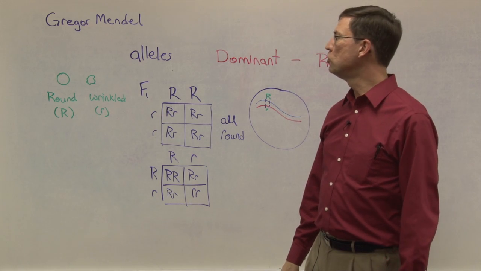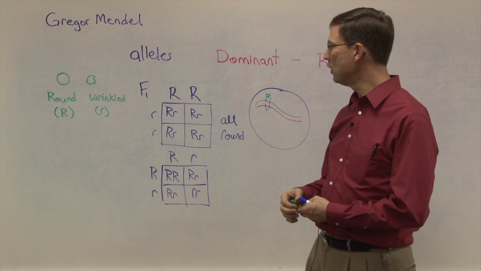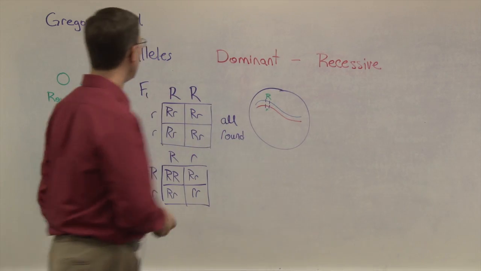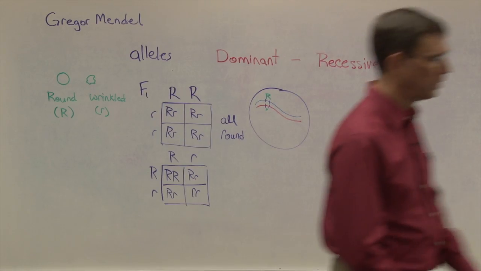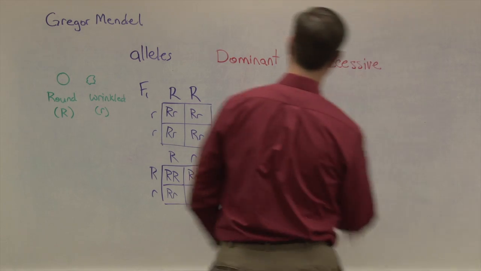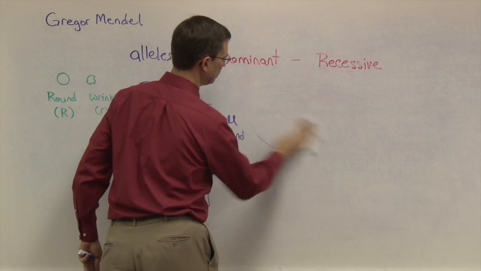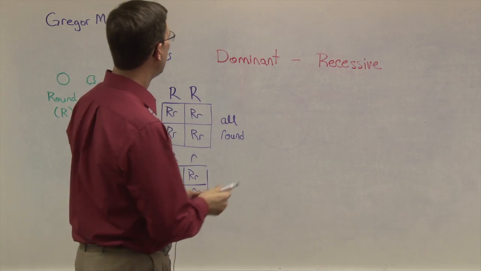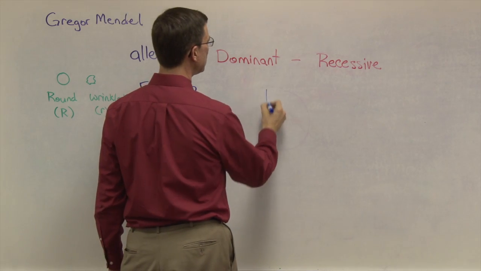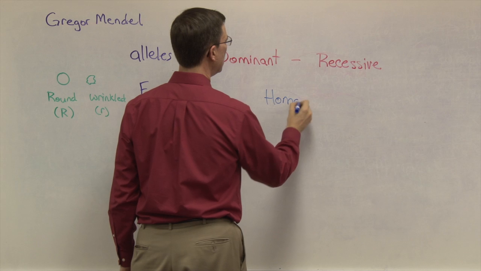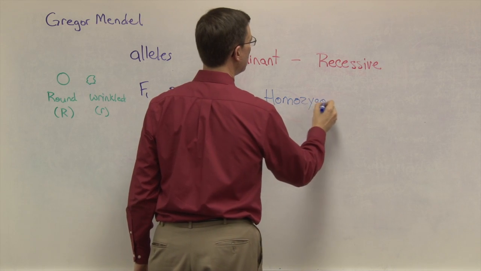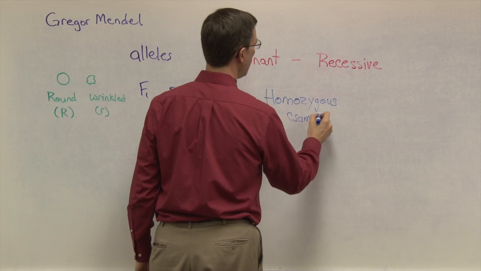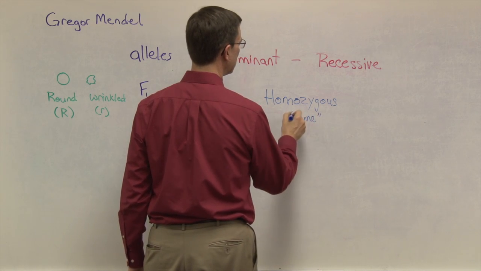Now let's go back and introduce some new terms that we need to know that kind of fit in with what's happening here. When we have both traits the same, both alleles are the same, we call that homozygous.